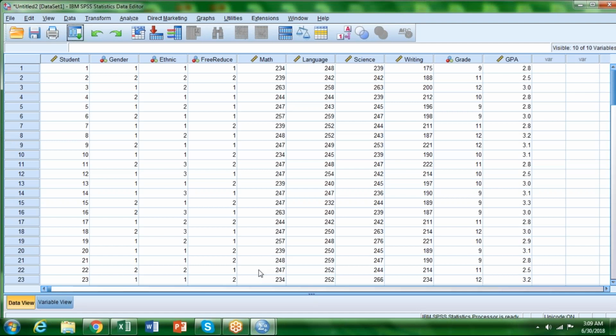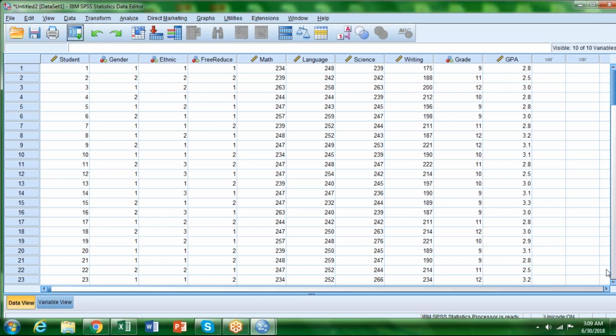If you look at the data set, there are our 100 students and the different variables: gender, ethnicity, free and reduced lunch. And then our content areas: math, language, science, and writing, the grade level of the student, and their GPA.